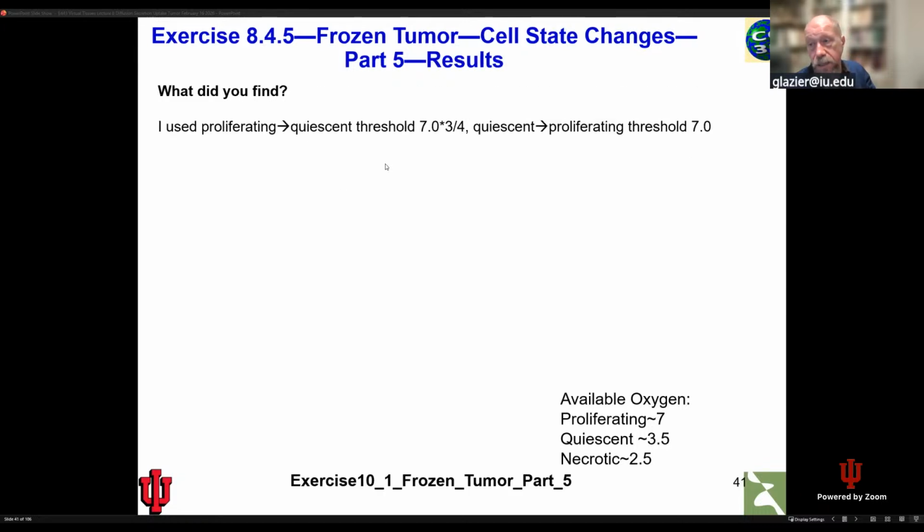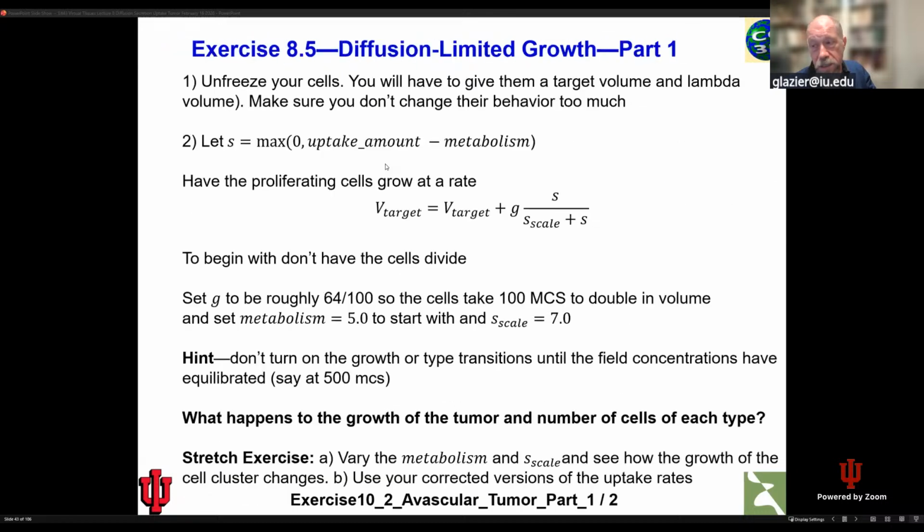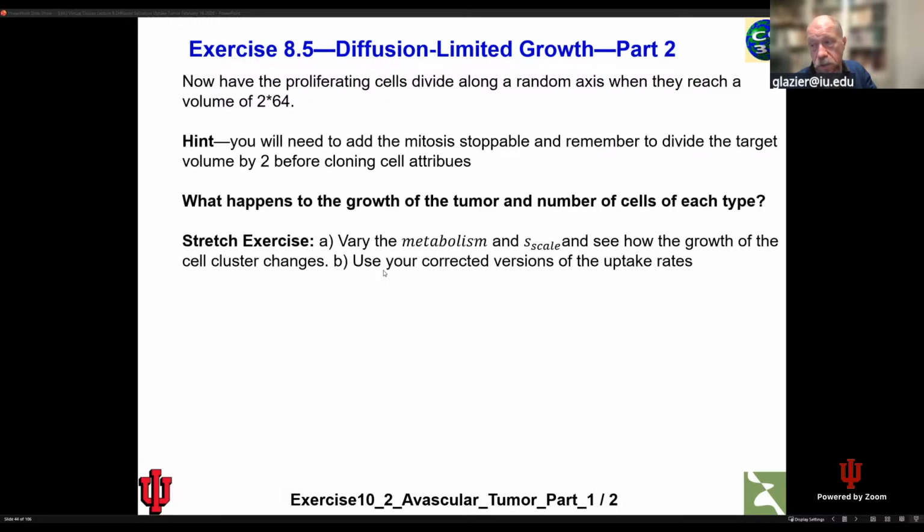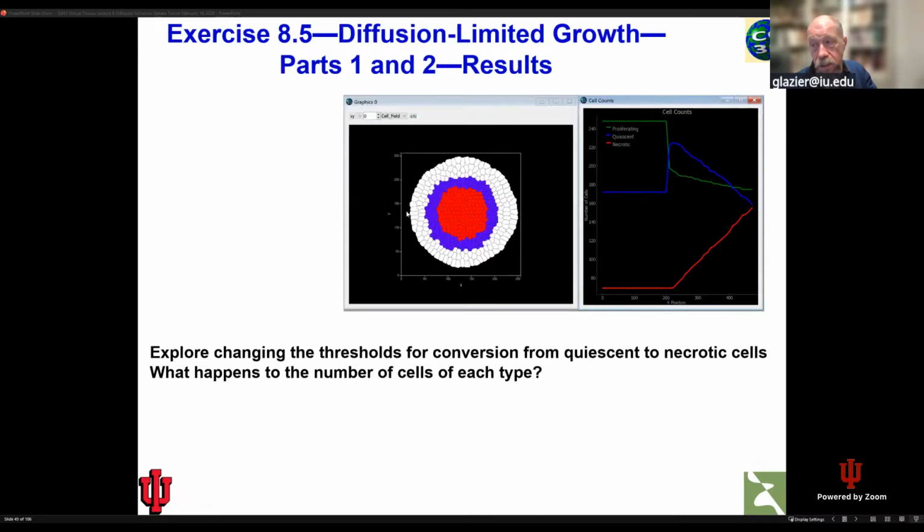And then the last thing is to actually have the cells grow at a rate that depends on the oxygen availability. First, you do it with no division, just growth, and then you add division to it, and you'll get something that looks like that.